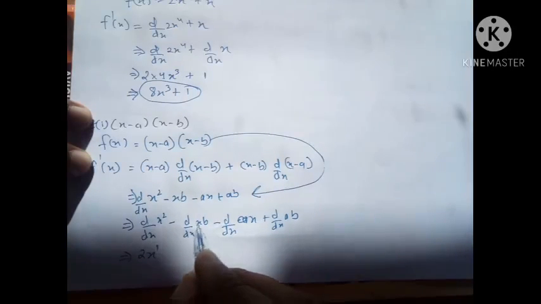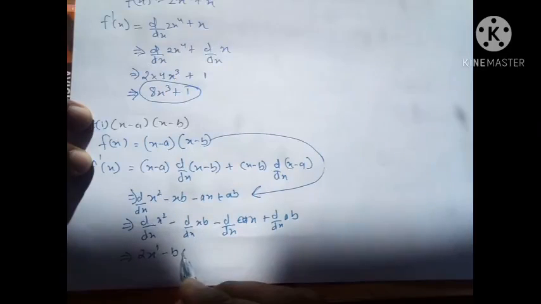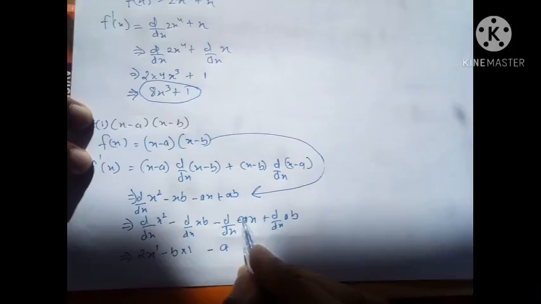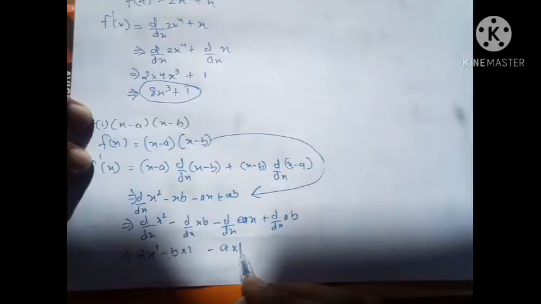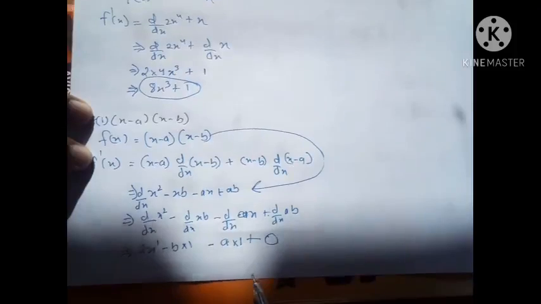Derivative of this is going to be, b comes outside, and derivative of x is always 1. Second formula we had learned. Minus a is going to come out of the derivative, it's a constant term, and the derivative of x is 1. Plus the derivative of any constant term is 0. So I'm just writing 0 over here.